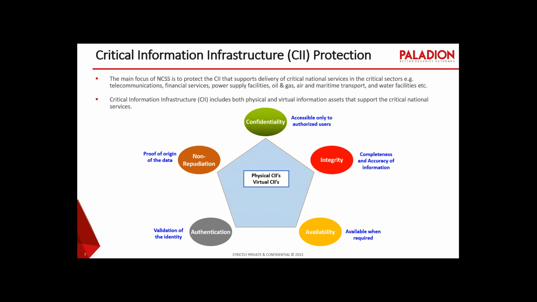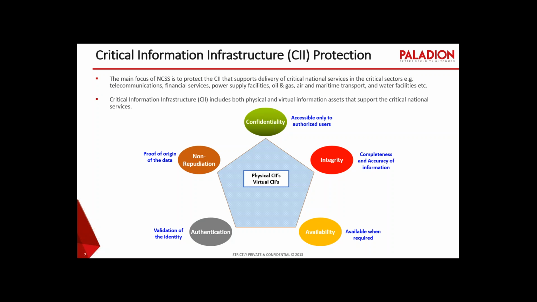So it talks about 5 different areas of security, which include confidentiality, integrity, availability, authentication, and non-repudiation. All these 5 areas are touched upon by NESA in its various standards.